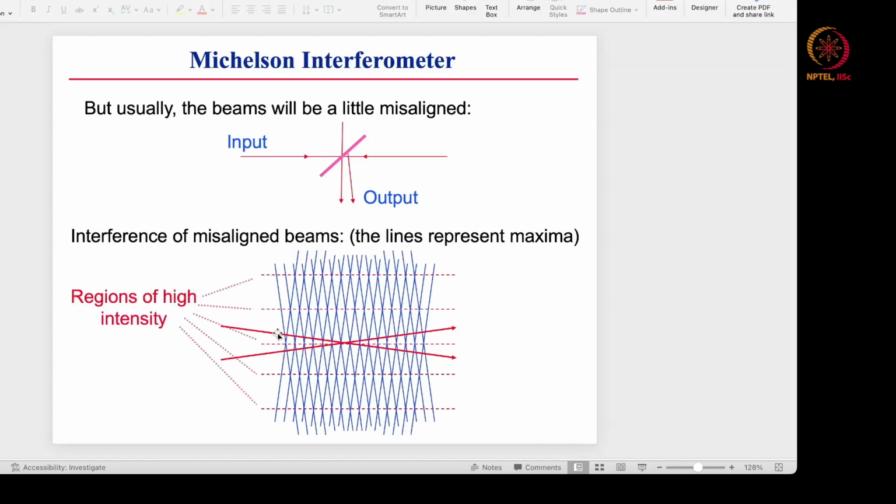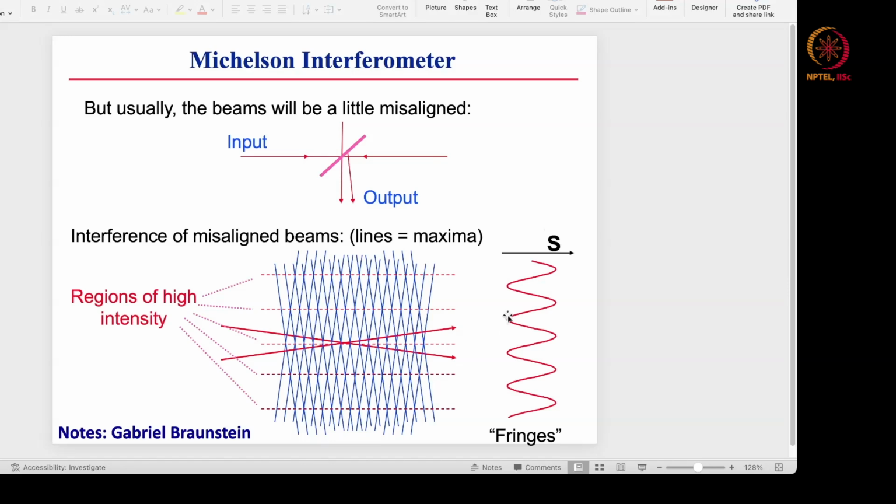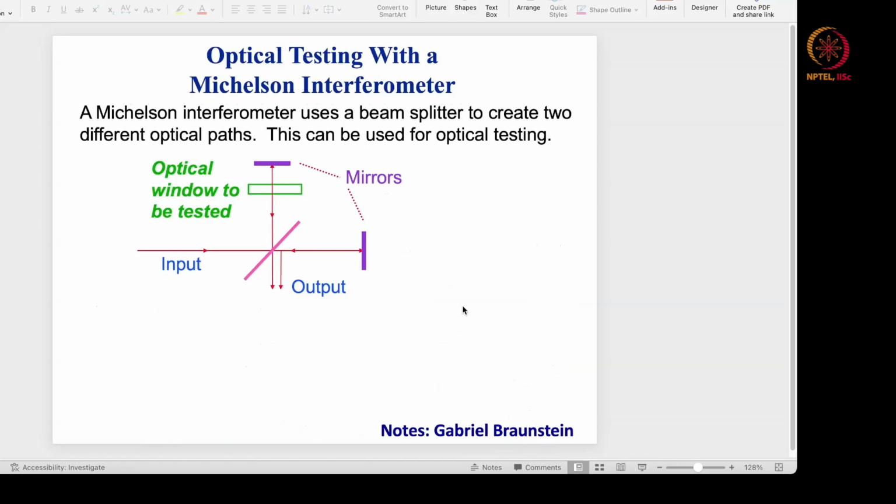As they interfere, you will have regions of high intensity, unlike the perfectly aligned situation. And you get these fringes. This is already something that we know.